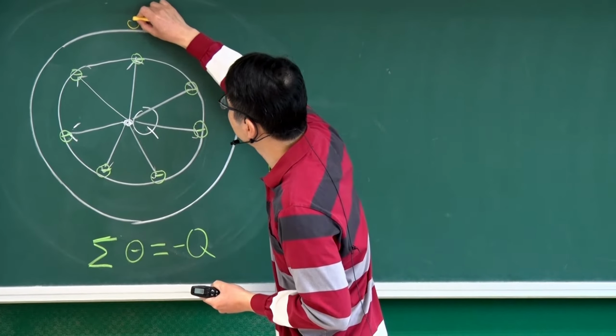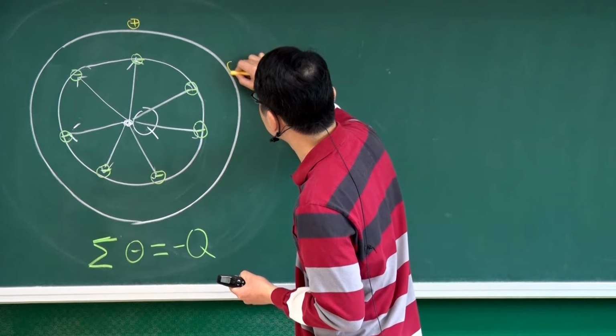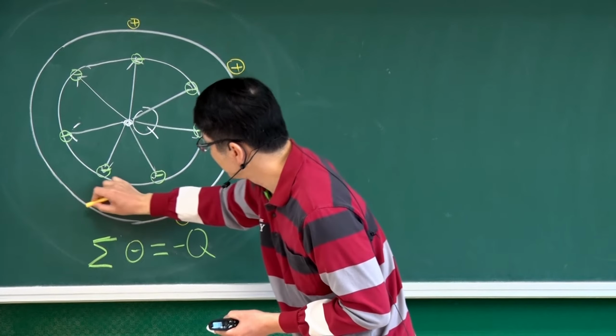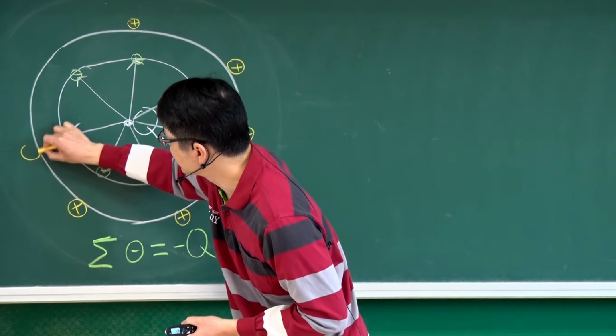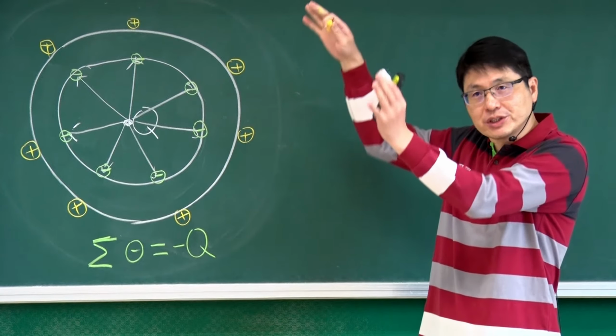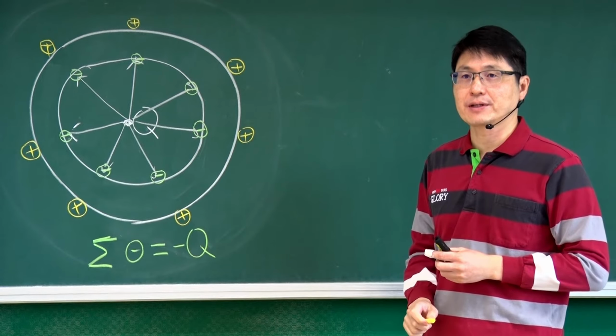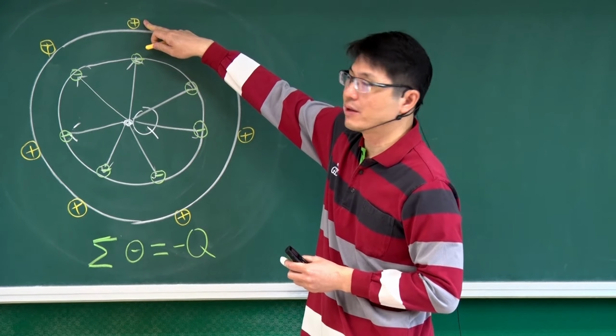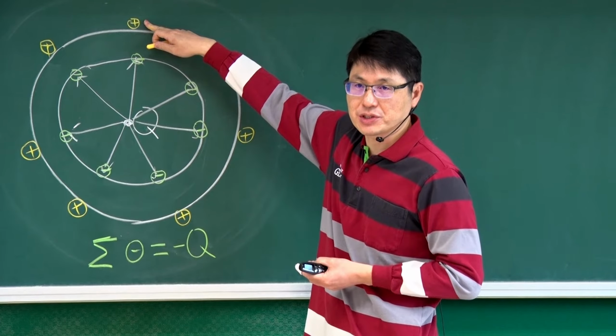So at the same time, you need to have positive charges deposited or dispersed on the outer shell. Okay? So you have one induced electron, you have one positive charge.